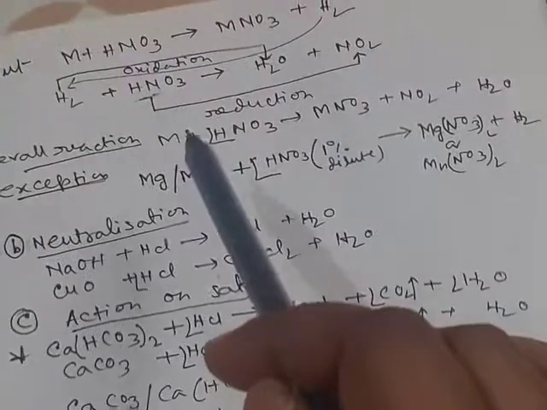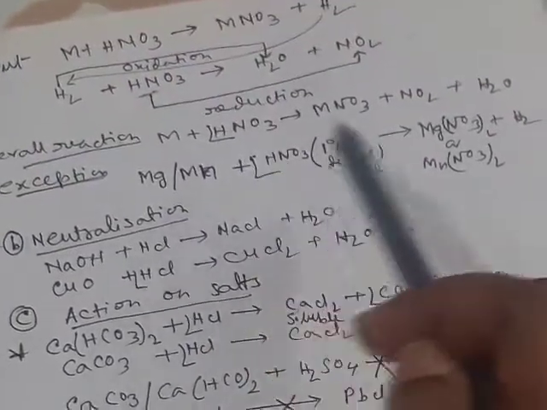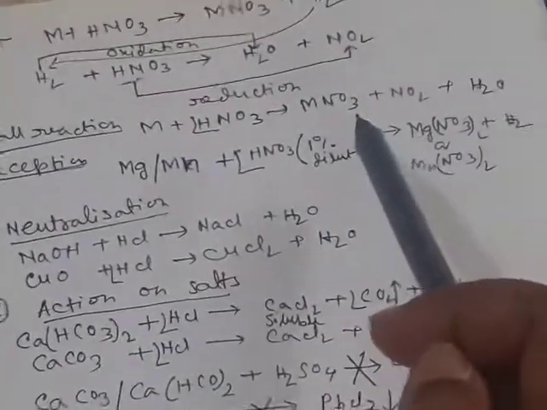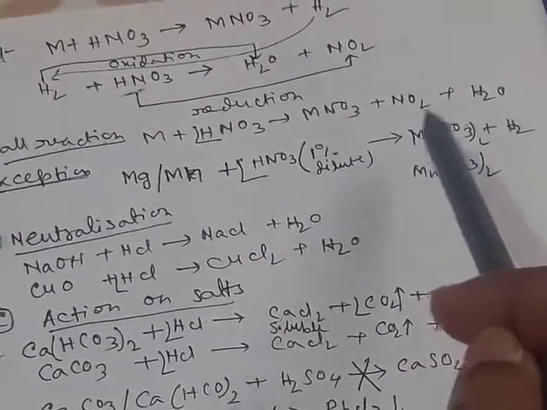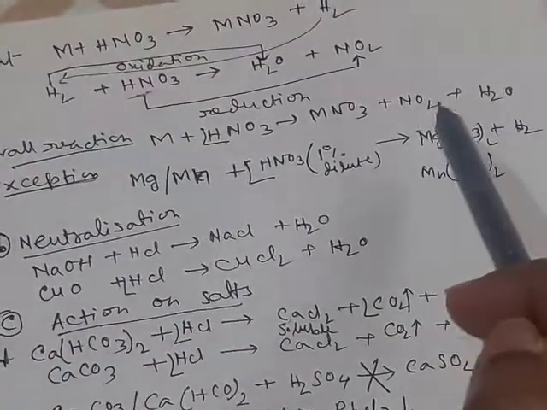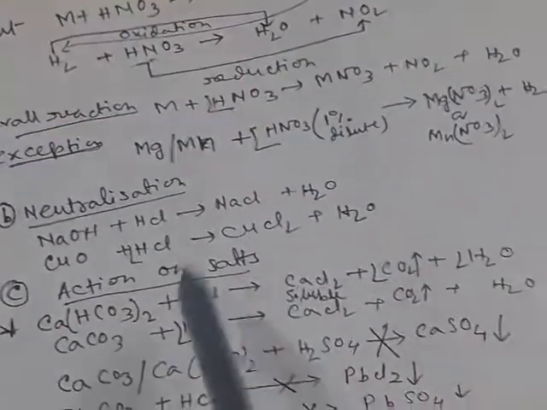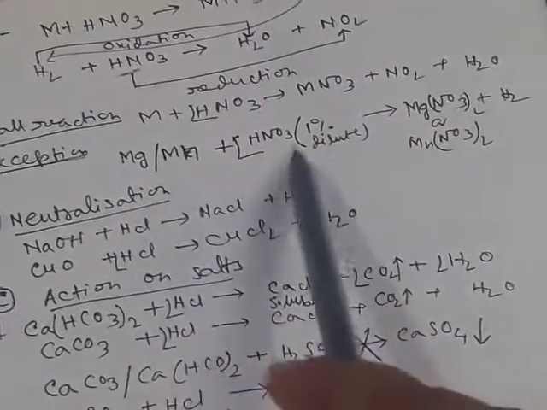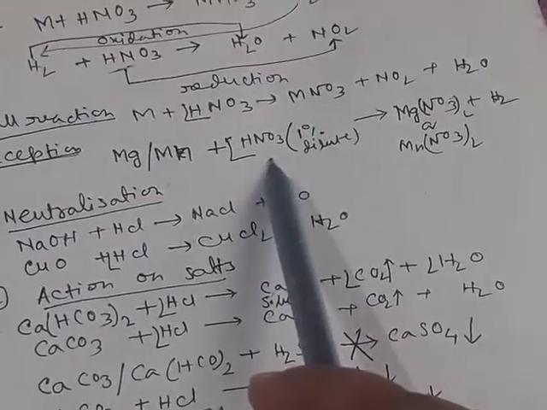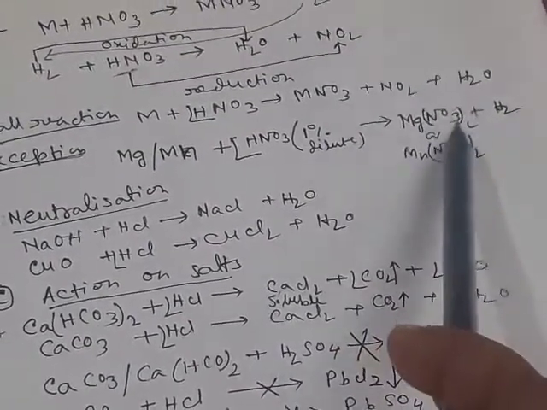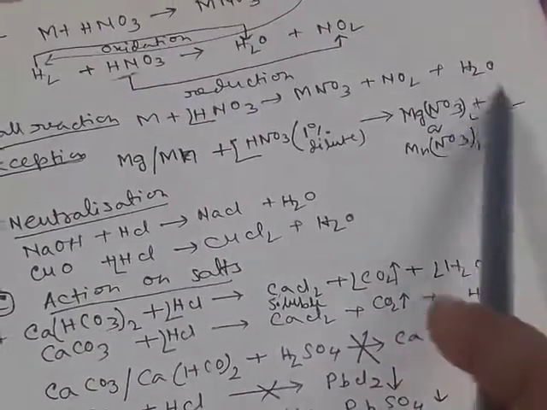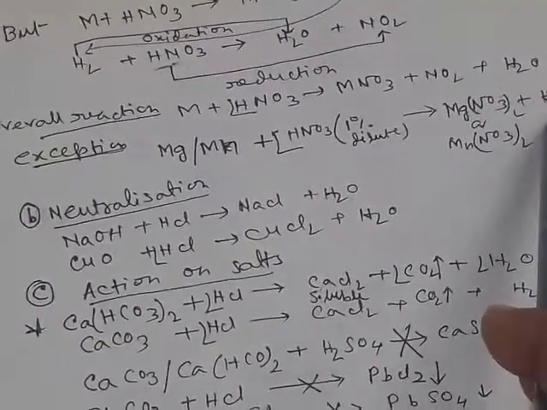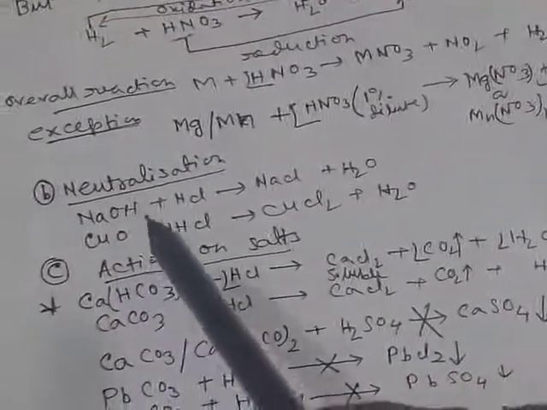So the overall reaction is, when metal reacts with nitric acid, there will be formation of metal nitrate, nitrogen dioxide and water, so there is no formation of hydrogen. Exception is magnesium or manganese metal. These metals, when they react with nitric acid, form magnesium nitrate or manganese nitrate with evolution of hydrogen. This is the exception.